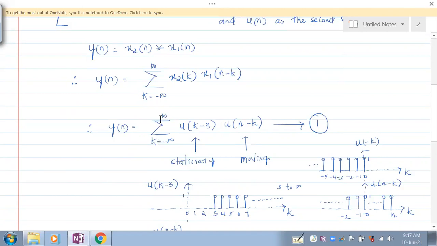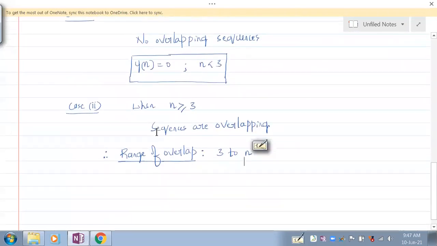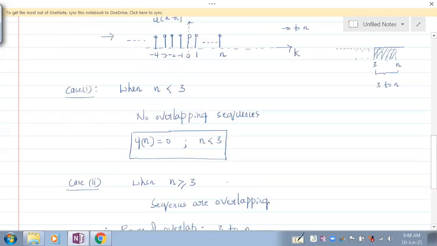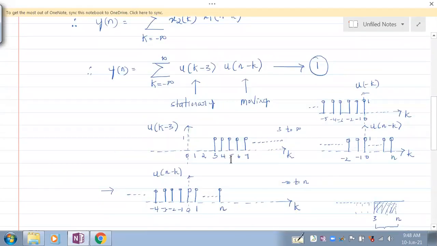Therefore, equation 1 implies that y of n would be the summation with k ranging from 3 to n. Very important. Earlier we wrote it from minus infinity to plus infinity. Now it goes from 3 to n because 3 to n is the overlapping range.